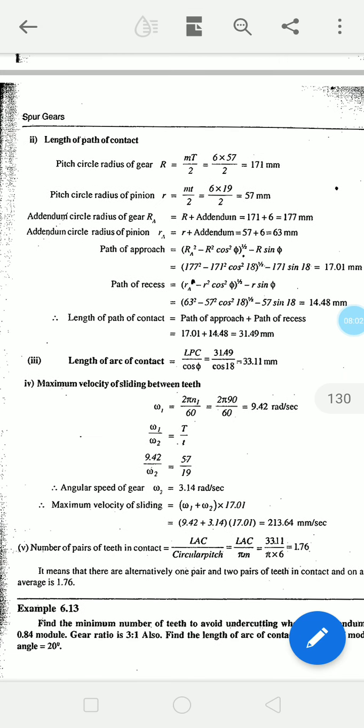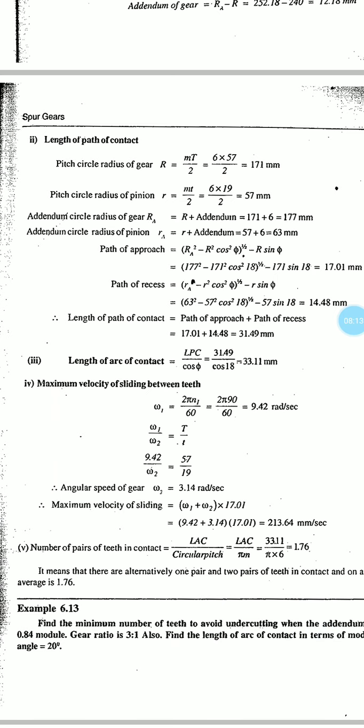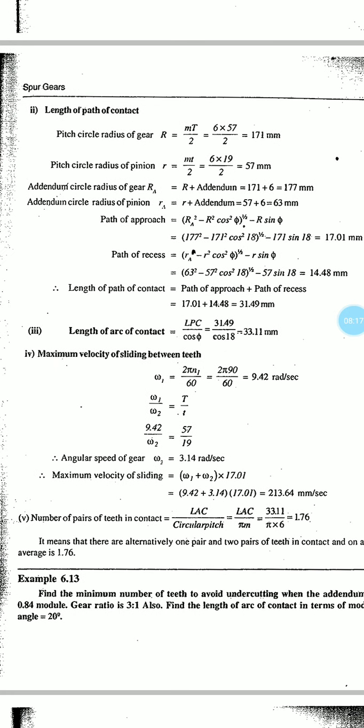Addendum circle radius of gear RA equals r plus addendum, which is given as 6: 171 plus 6, 177 mm. Addendum circle radius of pinion RA equals r plus addendum, 57 plus 6, equal to 63 mm. So both addendum circle radii, of gear as well as pinion, you have calculated: 177 and 63.